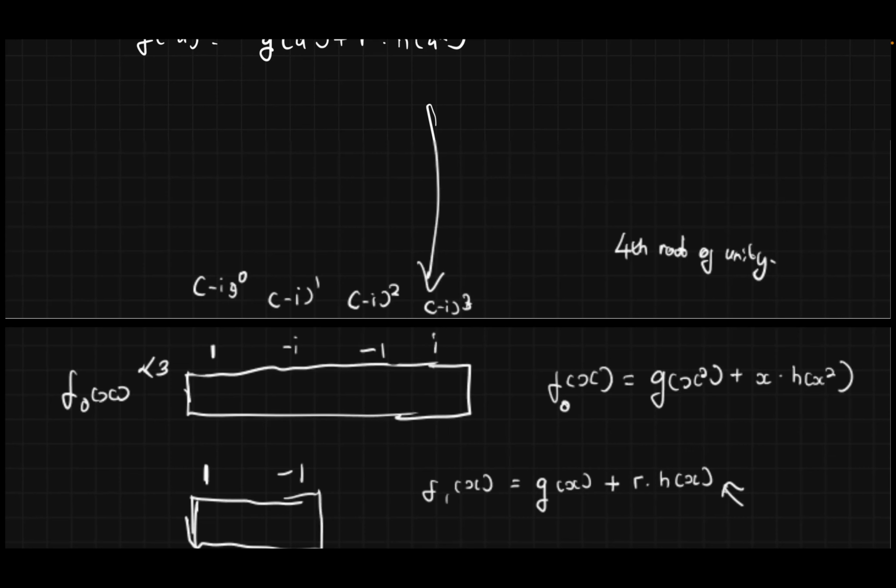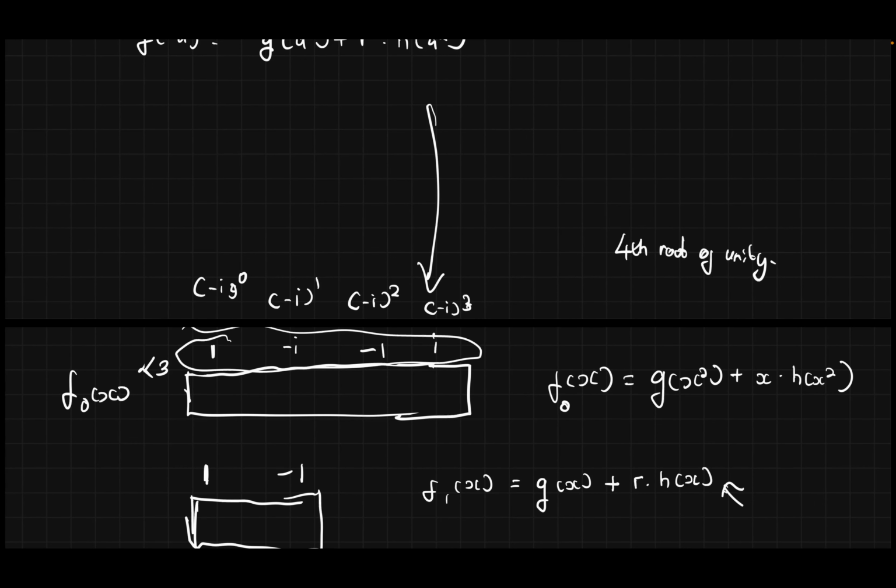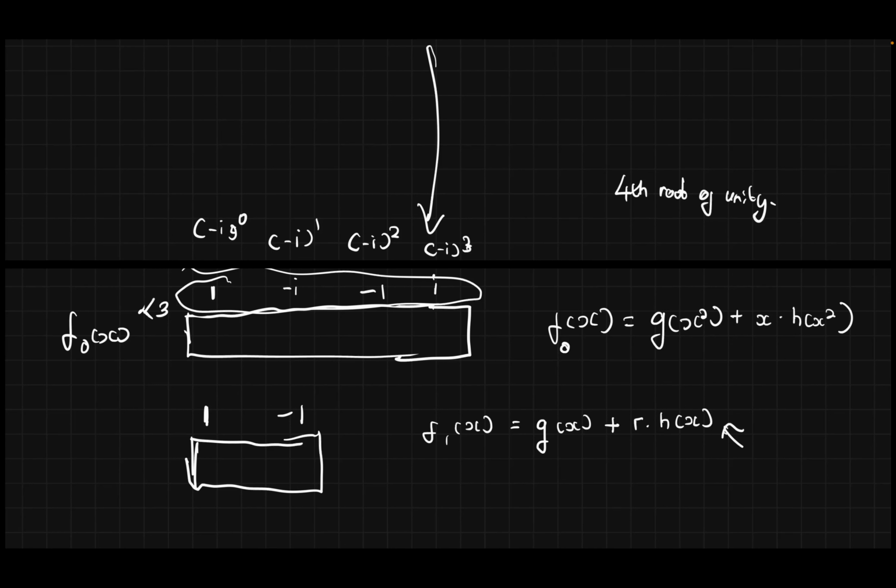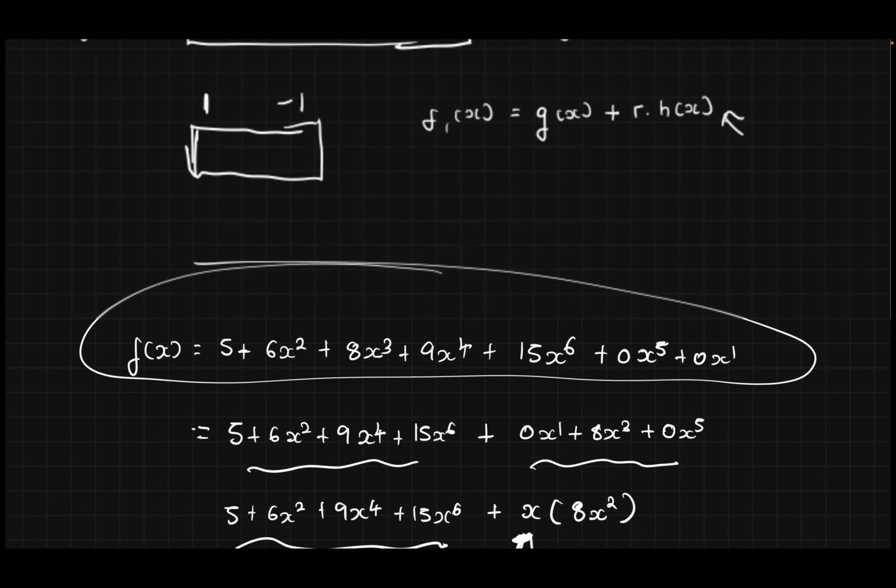Remember we did this, right? When we had our first f of x, we evaluated that at 1, minus 1, i and minus i. Then after folding, we're going to get a new polynomial, but this polynomial is only going to be evaluated at 1 and minus 1, which will give us these 2. Sorry, hold on. Let me see what you did in that.